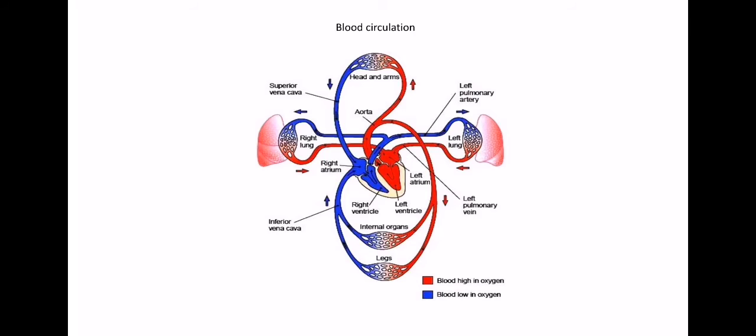Inside the lung, the gases are exchanged, and the blood will carry oxygen and enter the heart through the pulmonary veins into the left atrium. From the left atrium to the left ventricle, and the left ventricle will contract and push the blood to all body parts through the aorta. And this is called blood circulation.